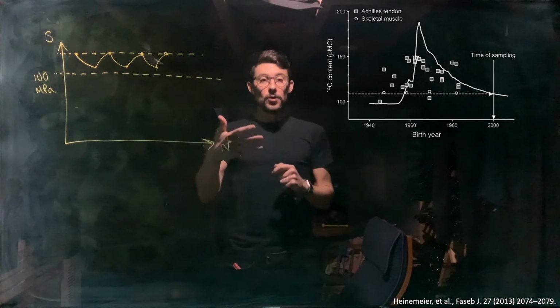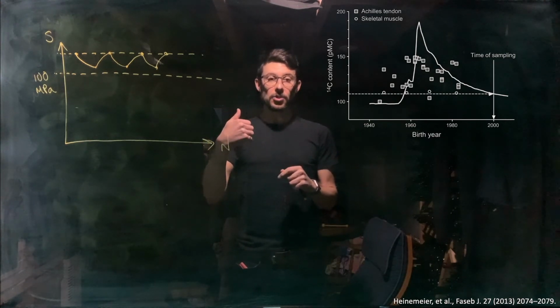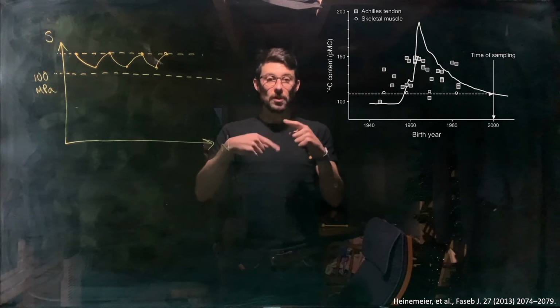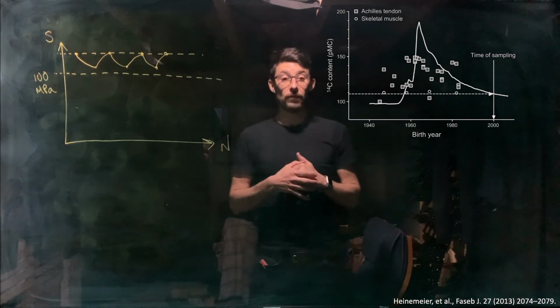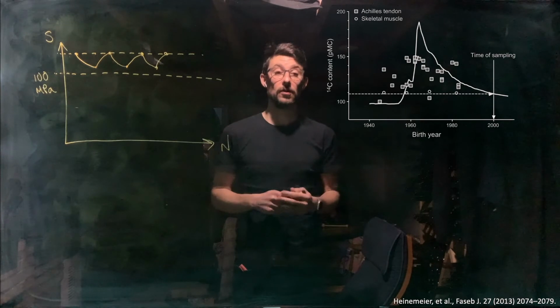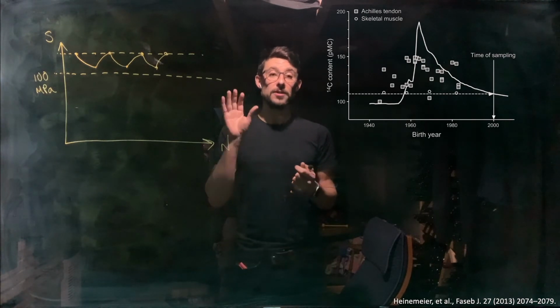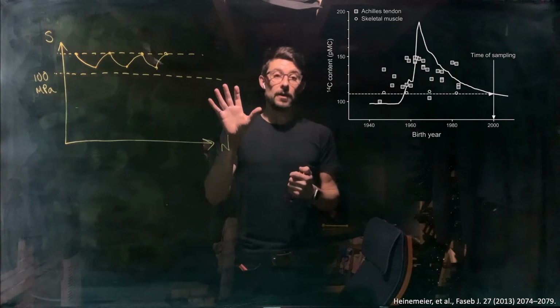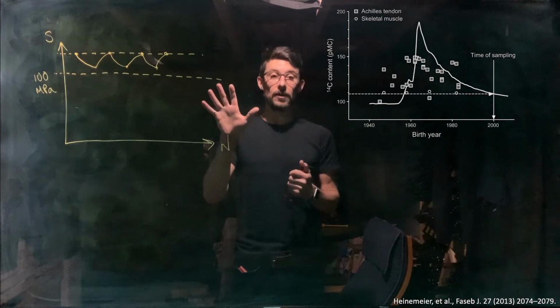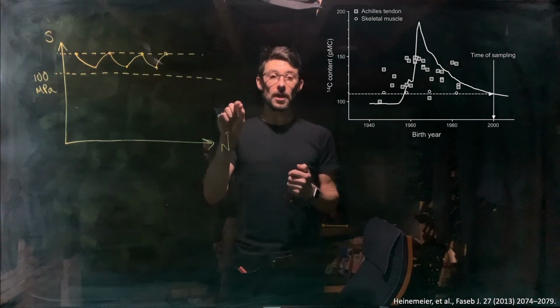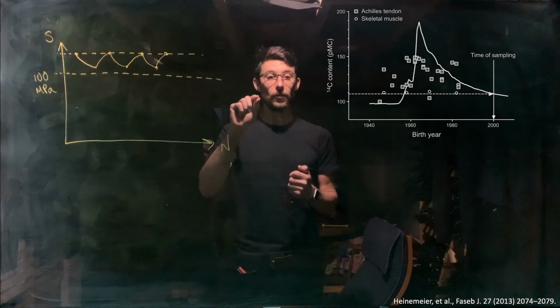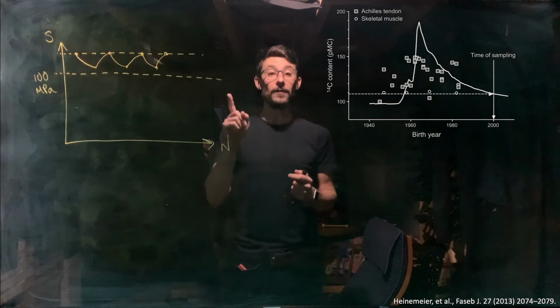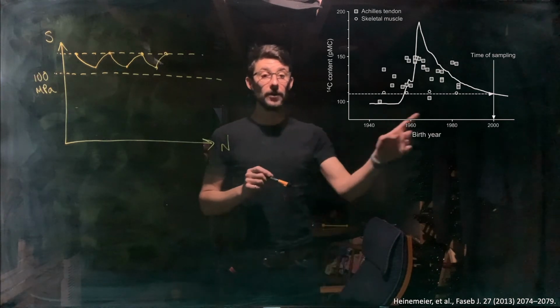Now, if you have a tissue where the collagen is being turned over frequently, you would expect that the carbon-14 level in the tissue at the time of sampling would match the atmospheric concentration of carbon-14 at the time of sampling. And this is indeed what's found for skeletal muscle.